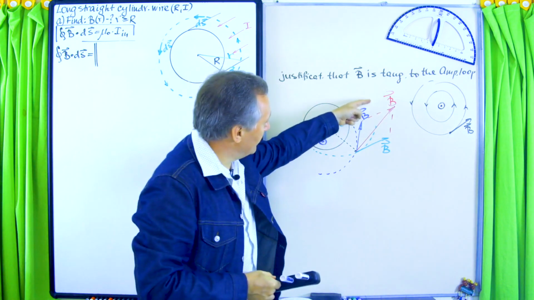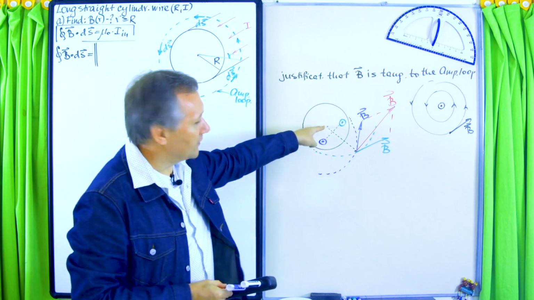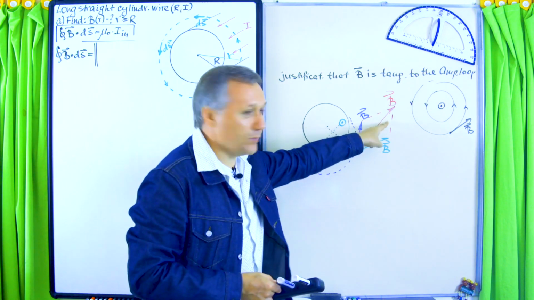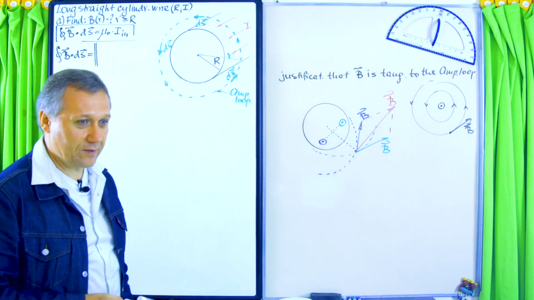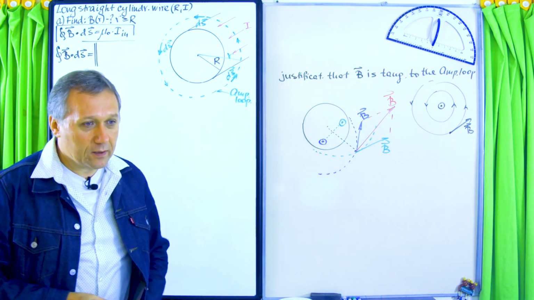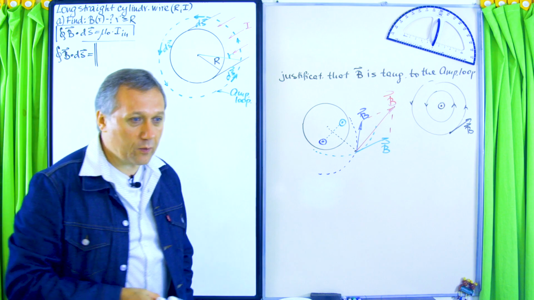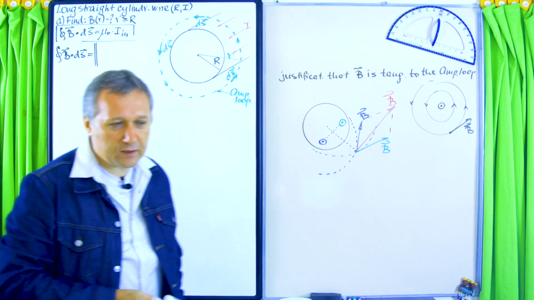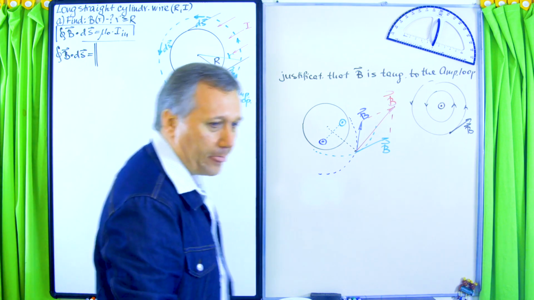If you imagine here a circle, an Amperean loop centered on the center of the wire, this B is going to be tangent. That's what I usually give as a justification of the fact that the magnetic field is tangential. It's a consequence of the symmetry.